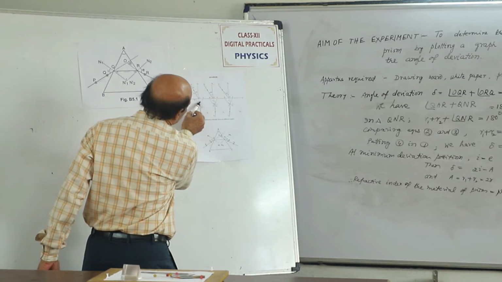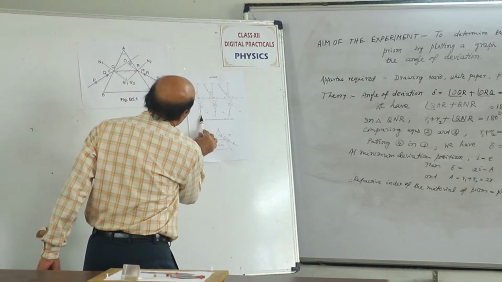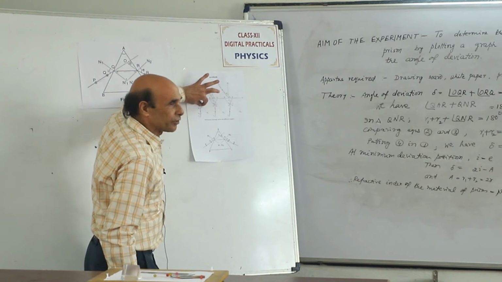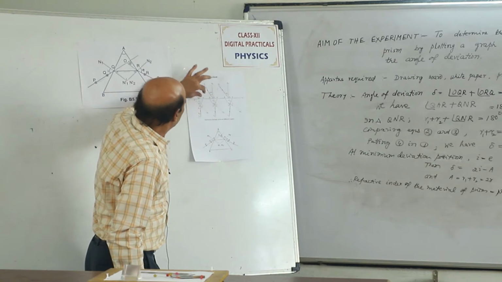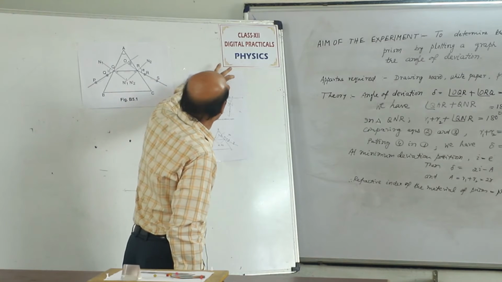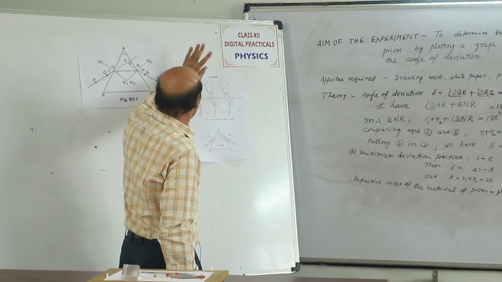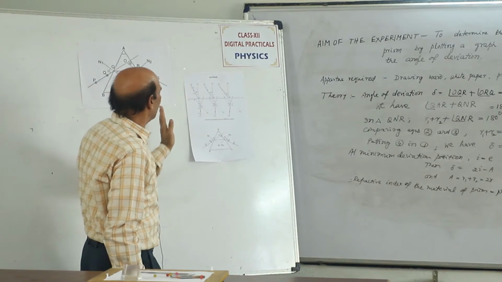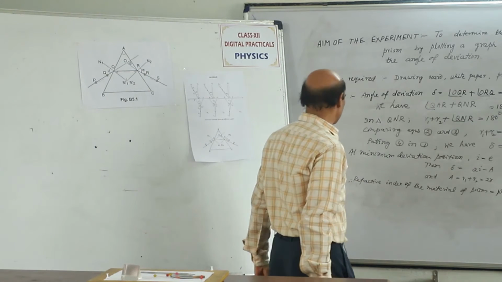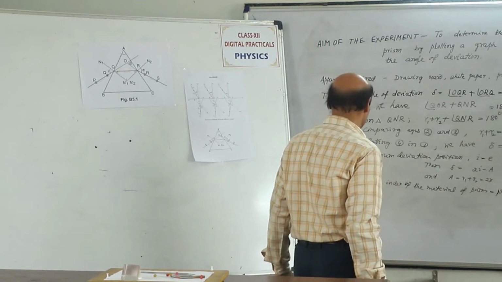Now, produce this incident ray and produce this emergent ray backwards, that will give the angle of deviation. So take different angles of incidence, 35, 40, 45 up to 60 degrees, and find the corresponding angle of deviation. Then you will plot a graph between angle of incidence versus deviation.